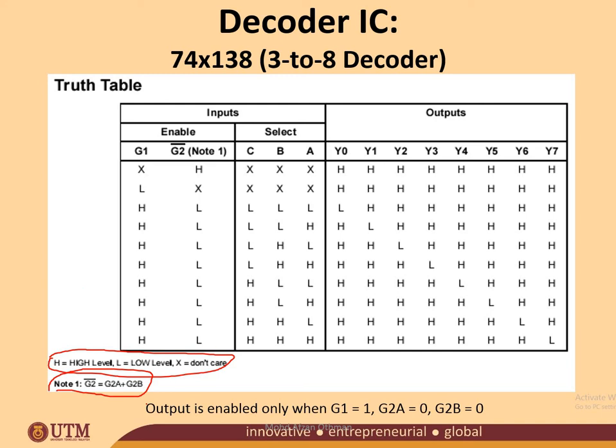It mentions here that the output is enabled only when G1 is 1, G2A is 0, and G2B is 0. You may test yourself and understand it by doing more exercises to see what is actually happening with this 74138 decoder.